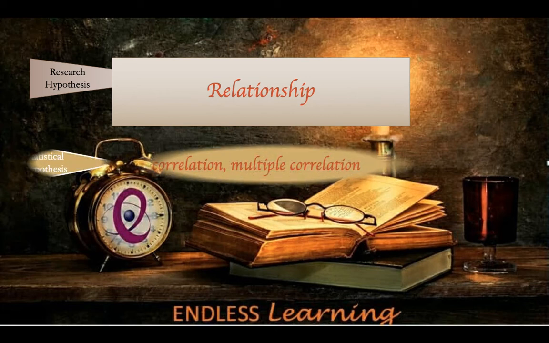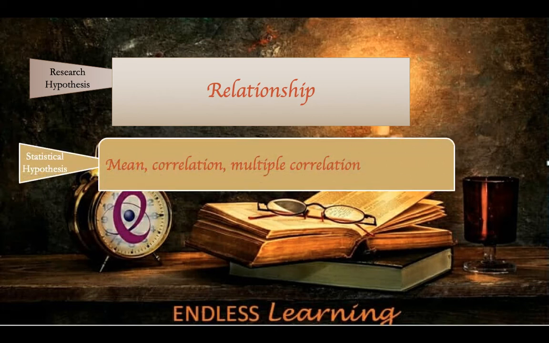In the statistical hypothesis, statistical words like mean, correlation, multiple correlation, and so on are used. The use of statistical words in the formulation of the hypothesis differentiates the research hypothesis from the statistical hypothesis.